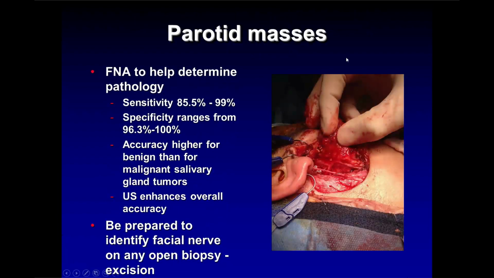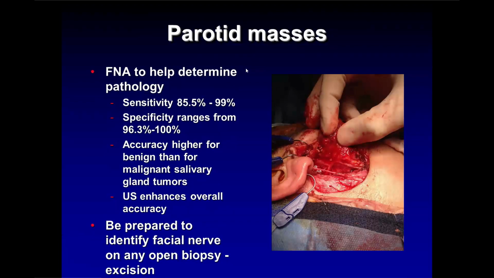So for these parotid masses, a key is FNA, as it was for identification of squamous cell carcinoma discussed previously. FNA really helps to determine pathology, and sensitivity and specificity are listed there.